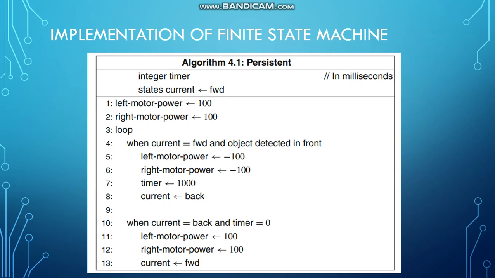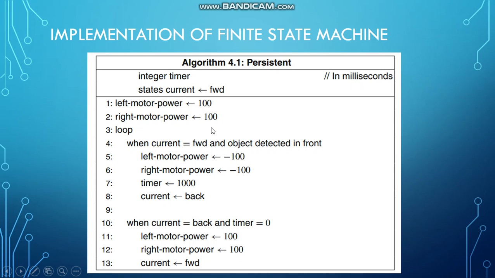The last topic is the implementation of finite state machines. This is an example of an algorithm of the persistent Breitenberg vehicle, which was first discussed earlier.